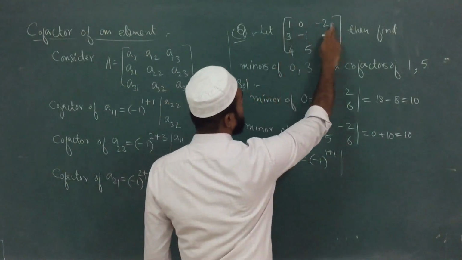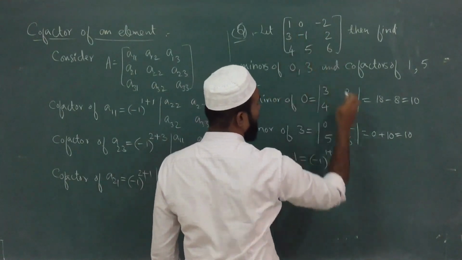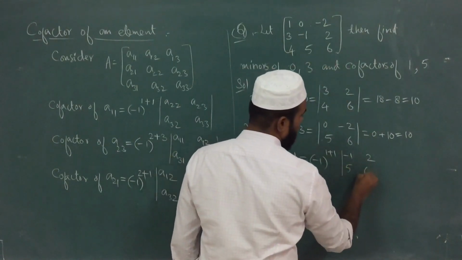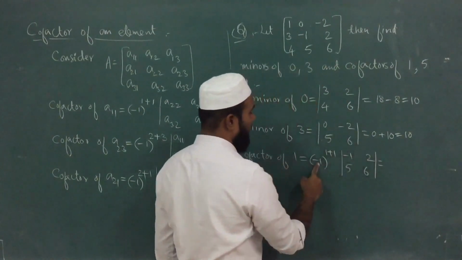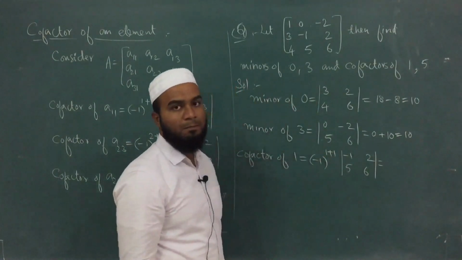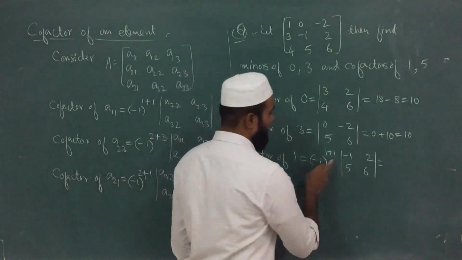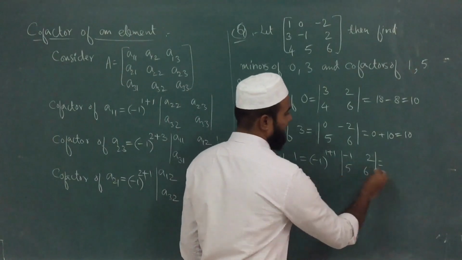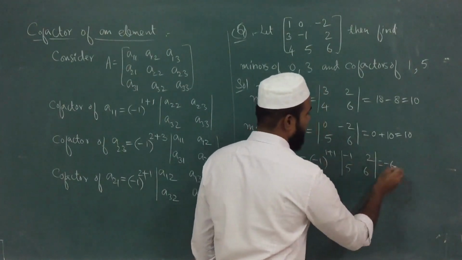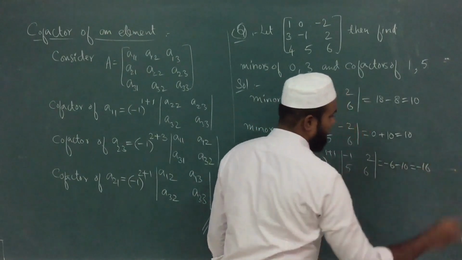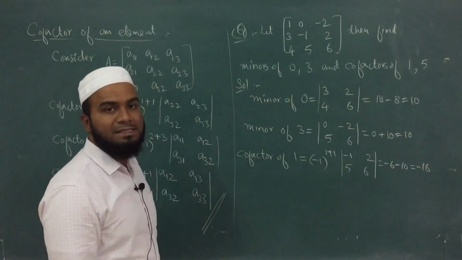So remove this row and this column. Minus 1 power 1 plus 1, that is 2. Minus 1 is multiplied 2 times, then we will get plus 1 only. Then this is 2, 5, 6: 6 minus 5 into 2, that is 10. So answer will be minus 16. Right?